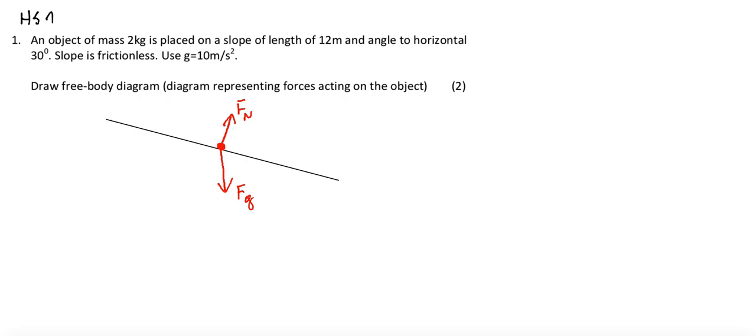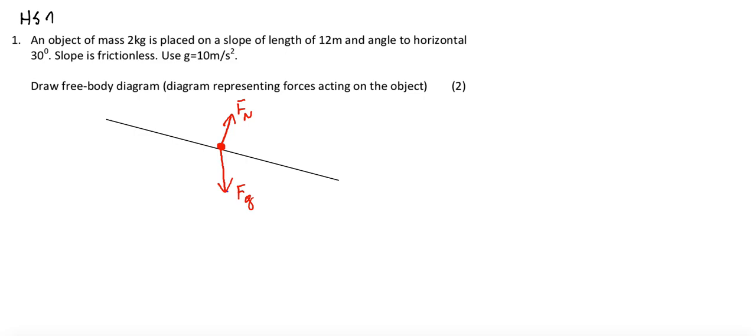Normal reaction force is less than gravitational force, because both added together result in a downward force, but the downward force is a resultant force of these two forces. So downward force is not part of the free body diagram. You have to draw only Fn and Fg, so this is the correct answer, and Fn is shorter than Fg.